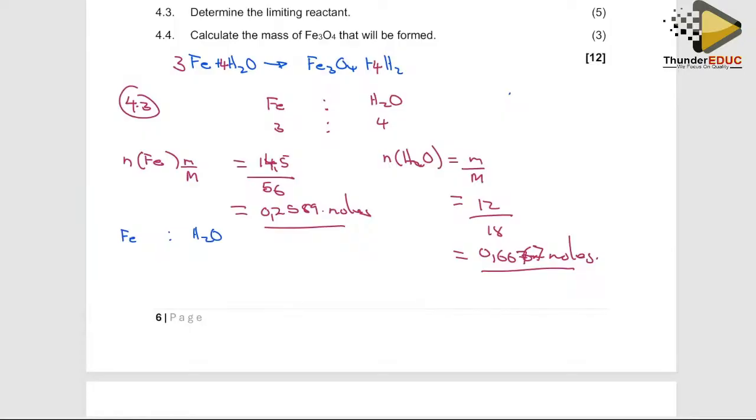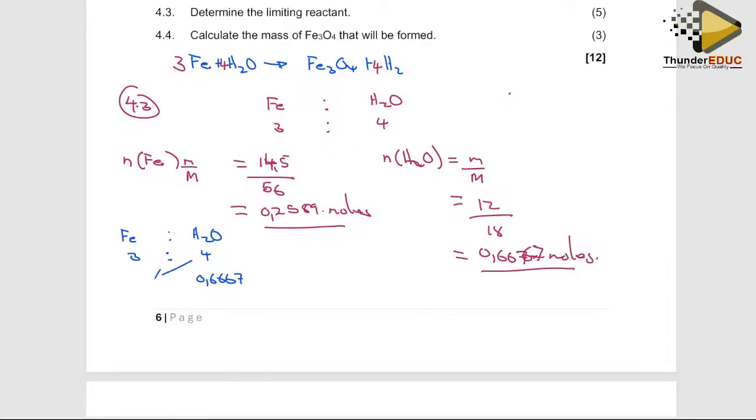The mole ratio is going to be 3:4 according to our balanced equation. On this other one, I'm having 0.667, I will start with water. So this is what I actually have, right? So what I actually have.